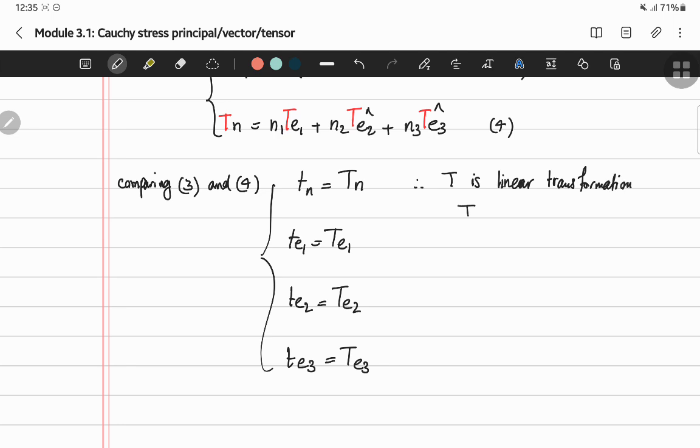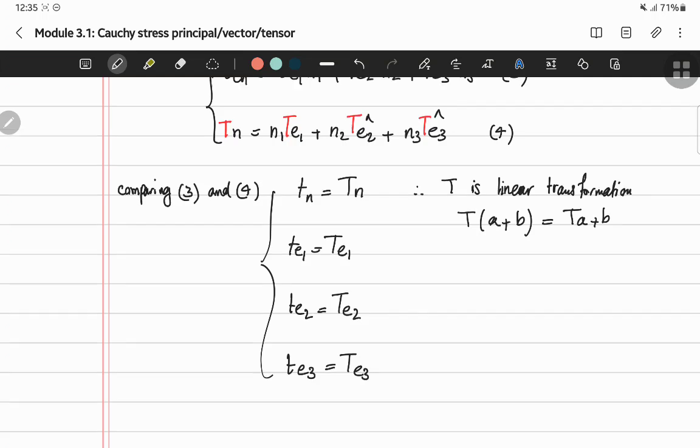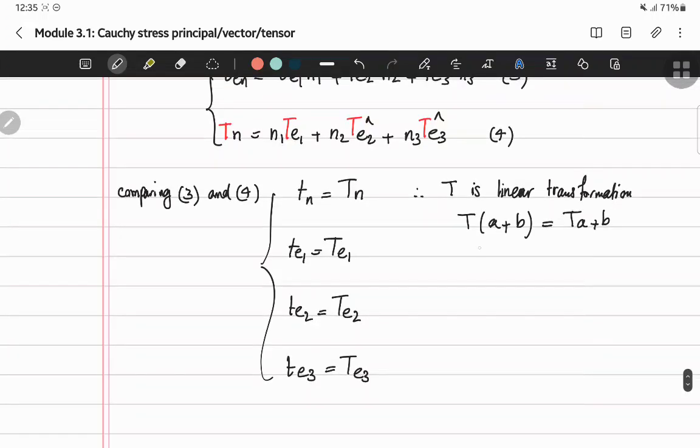So if you remember, a linear transformation was something that could fulfill T(A plus B) equal to TA plus TB, which is something we got here, and also T(alpha A) was equal to alpha TA. So if I put, for example, an alpha here as a scalar value, I can get this alpha all over here.